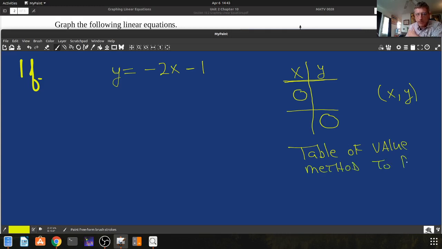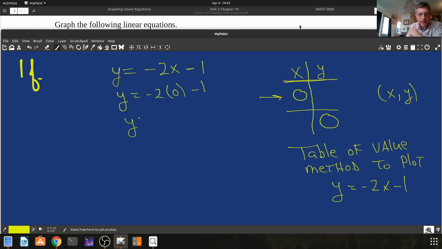To plot y is equal to minus 2x minus 1, you'll be using tables of values all the time. So let's look at the first row. My x is equal to 0. So y is equal to minus 2 times 0 minus 1.